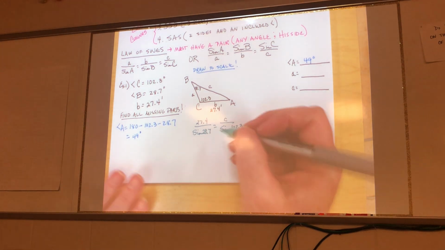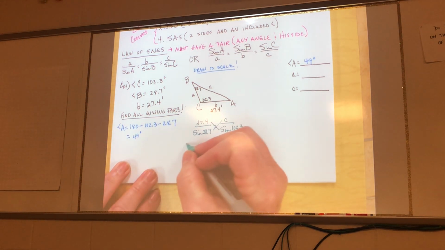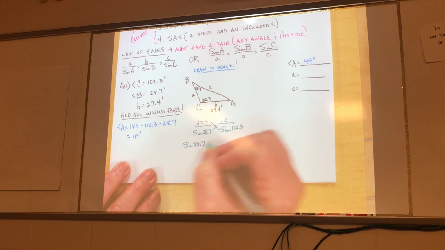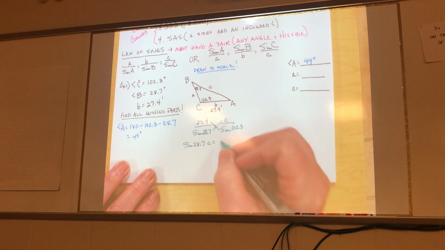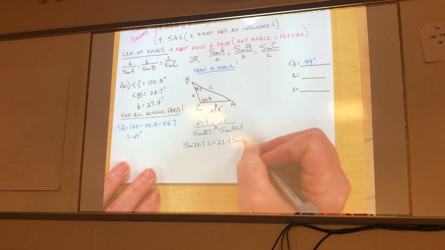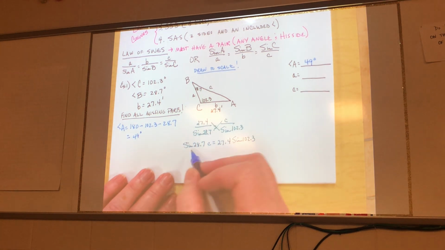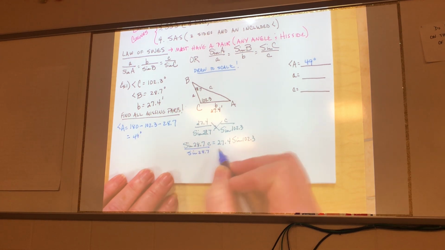So we're gonna cross multiply. So I'm gonna get the sine of 28.7 times C is equal to 27.4 times the sine of 102.3. Now, what do I do to solve for C? Divide by the sine of 28.7.